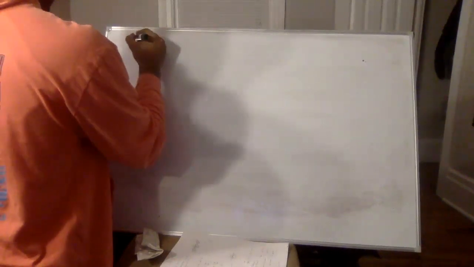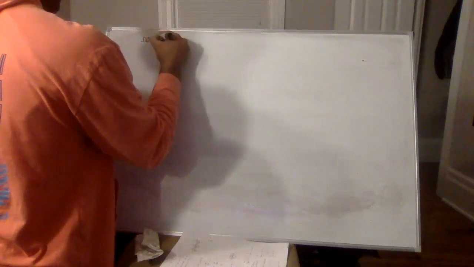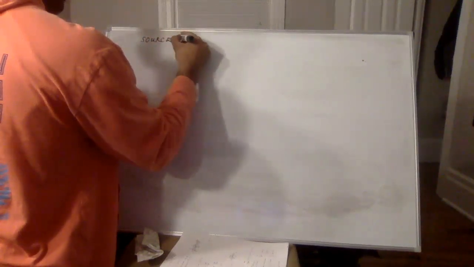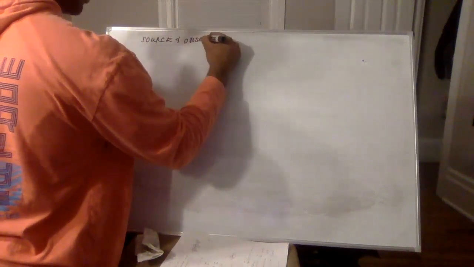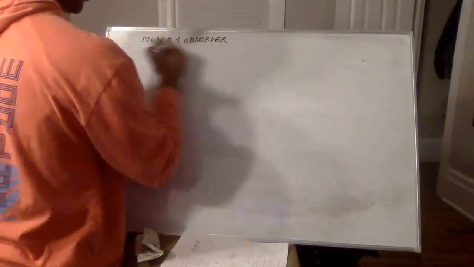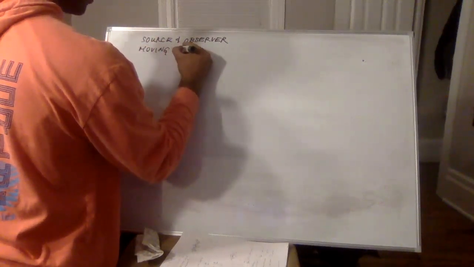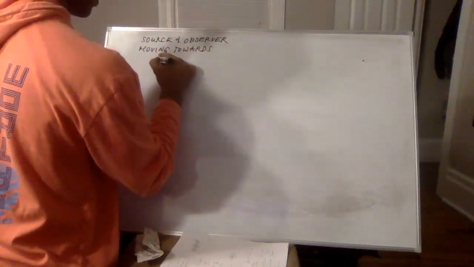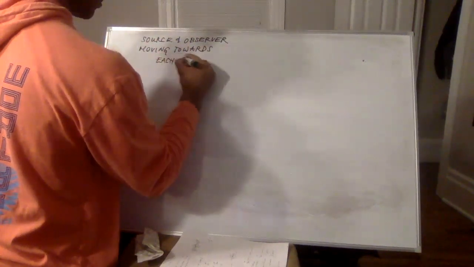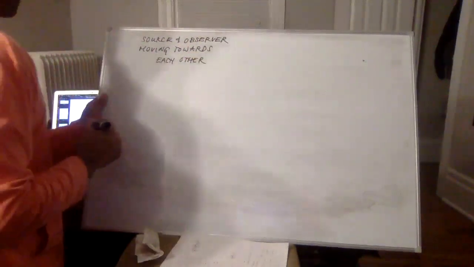So if we have a source and observer moving towards each other, we have two formulas.